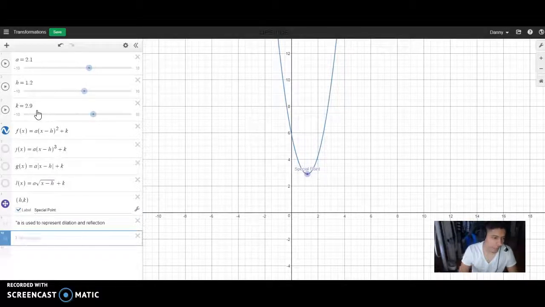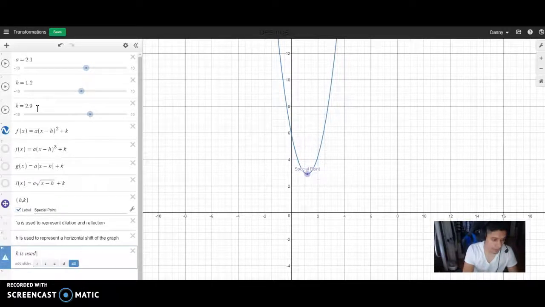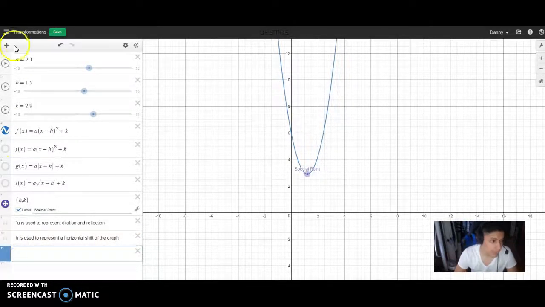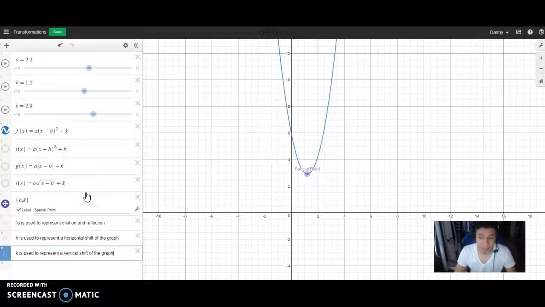H is used to represent a horizontal shift of the graph, and K is used to represent a vertical shift of the graph. Okay, so you can pause the video and copy these notes and put them inside your paper. That's fine. I would encourage that. In fact, I might even encourage you to use this again in your presentation.